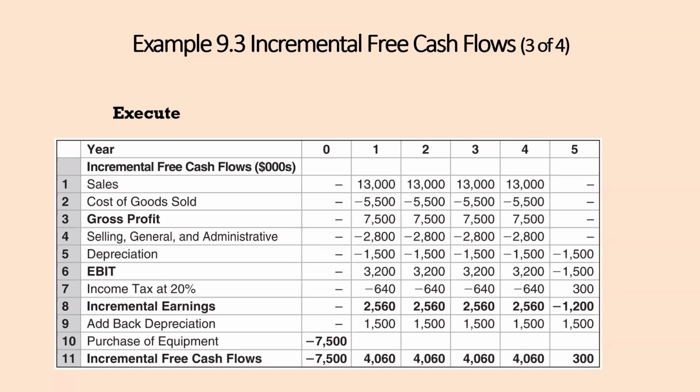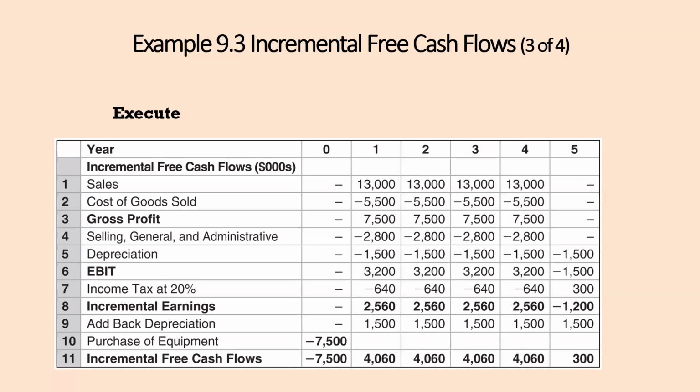But in year 0, you see the purchase of equipment at 7.5. In year 1, you see sales at 13,000, cost of goods sold negative 5,500, gross profit 7.5, selling, general and administrative a negative 2.8, depreciation negative 1.5, EBIT you have 3.2, income tax at 20% negative 640.